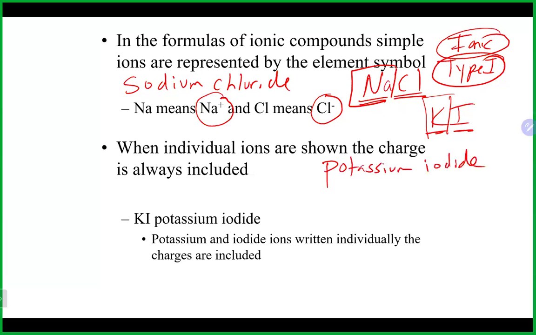Again, the iodine gets the IDE treatment. That is also made up of a cation that is K+, right? And an anion that is I- in this case. Again, +1, -1 gives us 0 when we put it together. Any questions on that there?